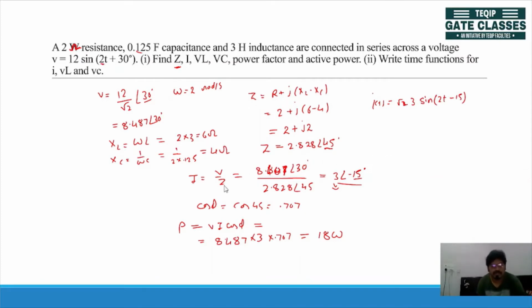Same way you'll get your VL and VC. If you want to calculate VL, how will you get it? VL means voltage across the inductor. It means it is I into XL.